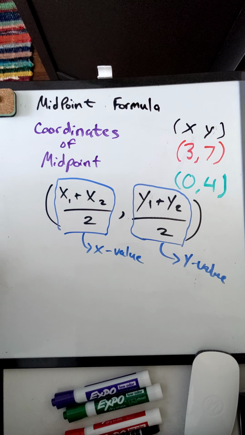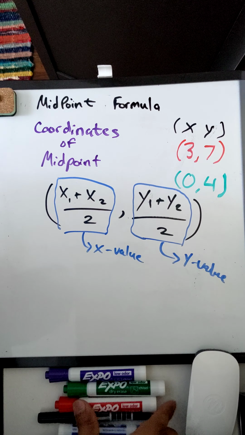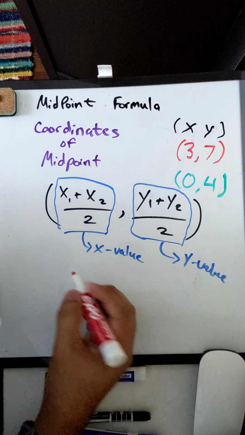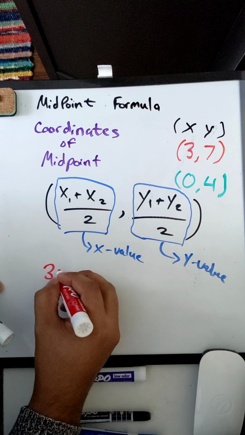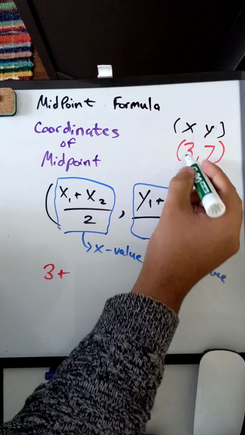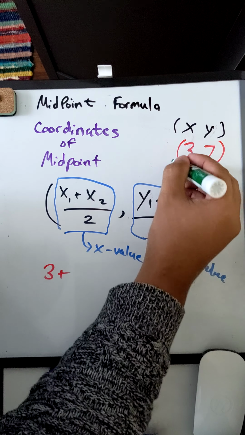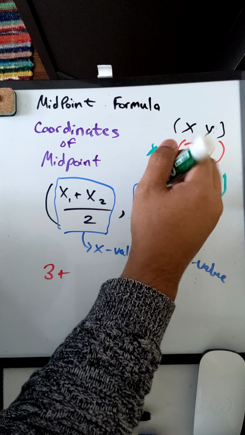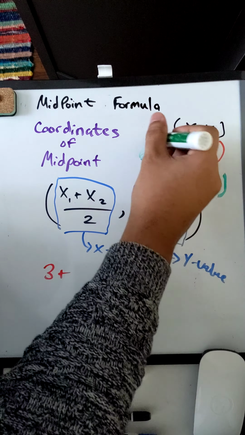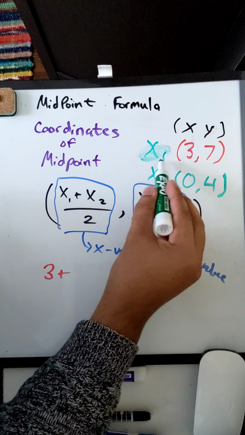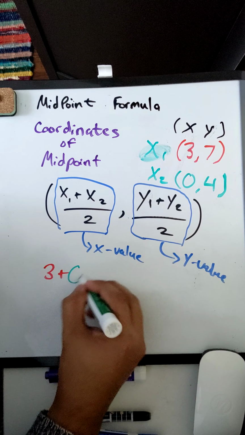But now all I have to do is plug numbers into that. So I'm going to go ahead and do that using different colors. So I'm going to make that my x1. So 3 plus, and then my other x value. So x1 is 3, x2 is going to be 0.